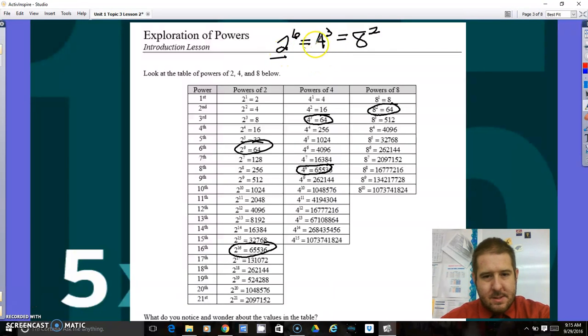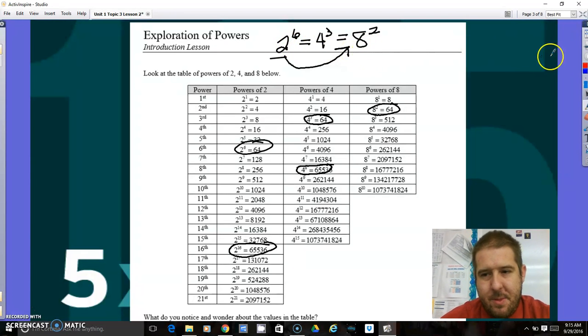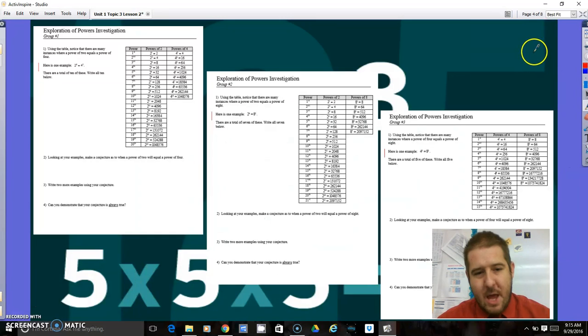And the only other thing that's going to be true is 2 to the 8th: you're noticing that base 2 always has an exponent that is 3 times bigger than base 8. So the point of this lesson is for you to understand that different bases can be equal. And that gets us to the idea that we can then change things from one base to another.